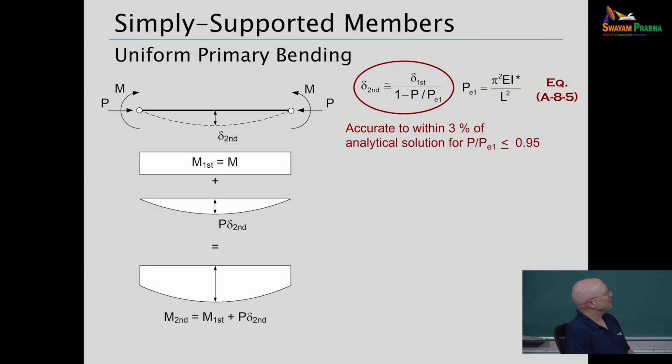Now, if we took a relatively deep dive into theory of elastic stability and started doing some derivations, we could show that the second order deflection is approximated reasonably well by what we could get from a first order deflection divided by 1 minus P over PE1, where PE1 is just the Euler load here.